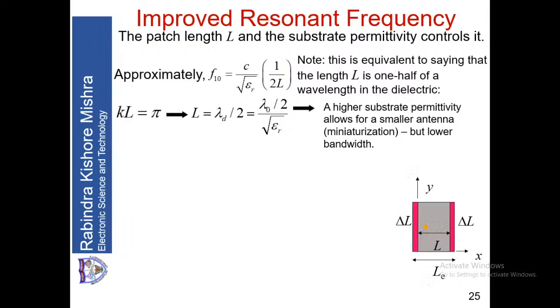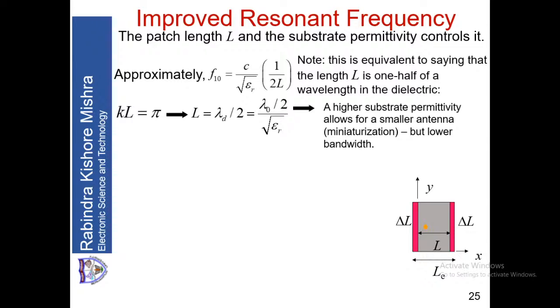Then, as I discussed, there is the physical length L and there is the electrical length, which is L plus 2 delta L because of the fringing extension of delta L on both sides of the length.